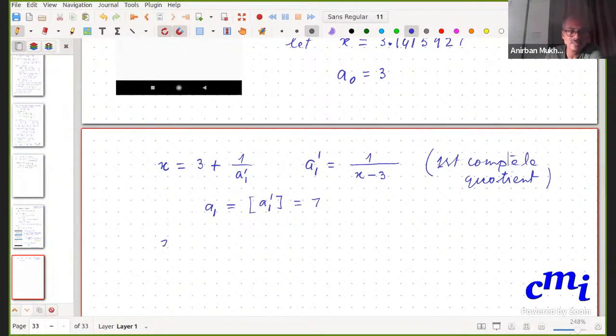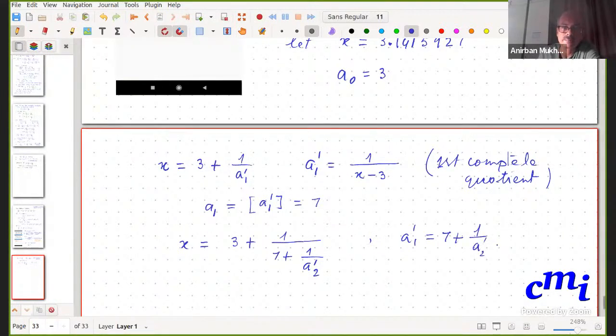So what we have at this stage, we have x equal to 3 plus 1 over 7 plus, say, 1 over a2 dash. So a1 dash is equal to now 7 plus 1 over a2 dash.